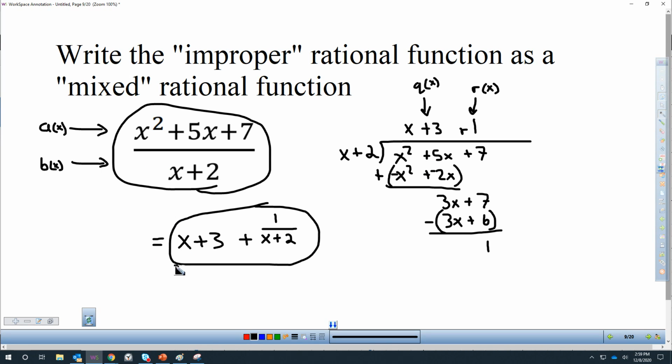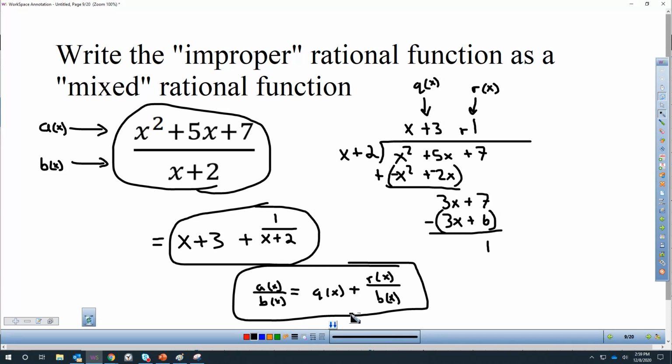And so we can say that a of x over b of x, which is what we have here, is equal to q of x plus r of x over b of x. Again, that fits our example with rational numbers. So you just have to remember what we do with rational numbers, and doing it with rational functions is essentially the same thing. Take a divided by b, figure out what your quotient is, figure out what your remainder is, and then put it over your b right there.